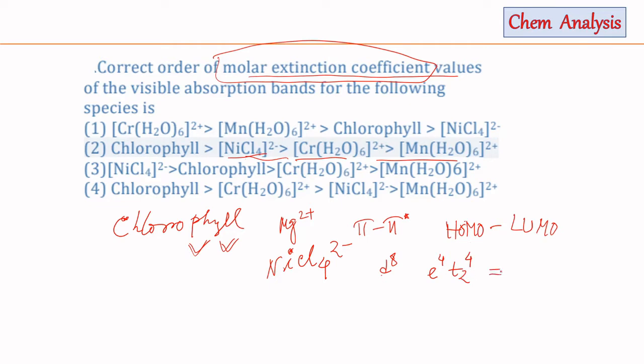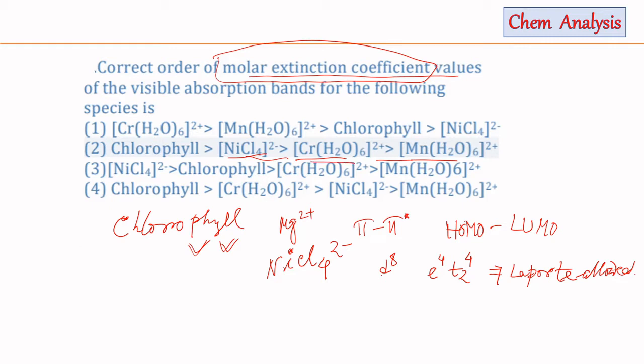Therefore, here the electronic transition will be Laporte allowed due to d-p mixing. But in octahedral complexes, there is no possibility of d-p mixing. So, the molar extinction coefficient for octahedral complexes will be lesser than that of tetrahedral complexes.